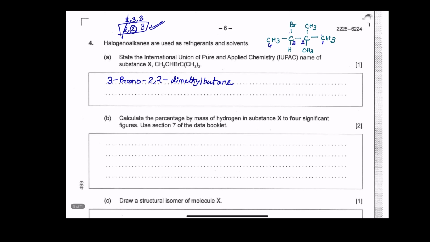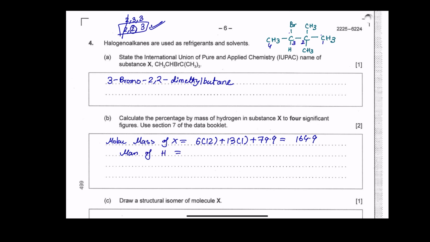Next, we have to find the percentage mass of hydrogen in substance X to 4 significant figures. So we'll find the molar mass, which is 6 times 12 plus 13 times 1 plus 79.9. That gives you 164.9.